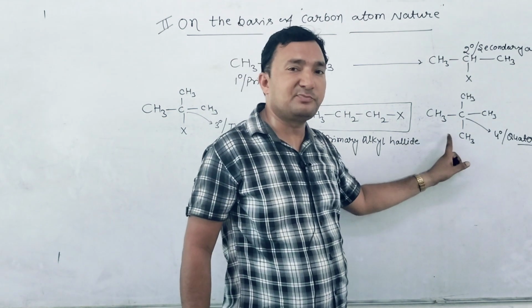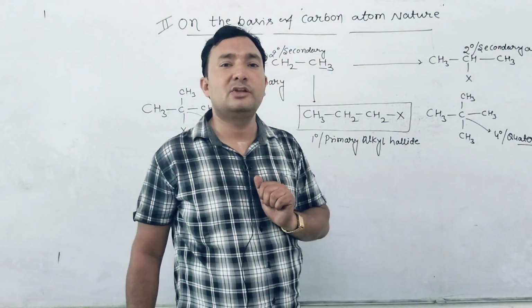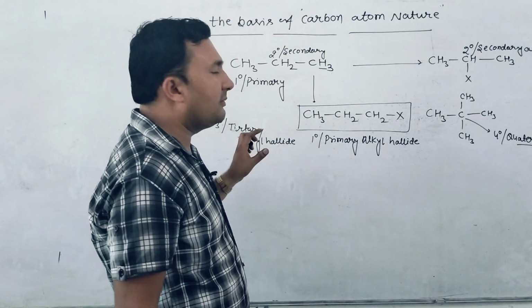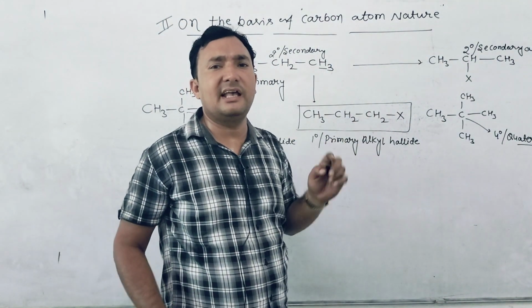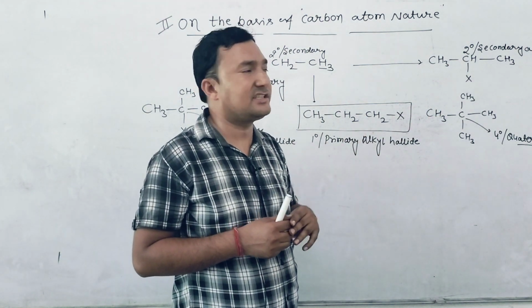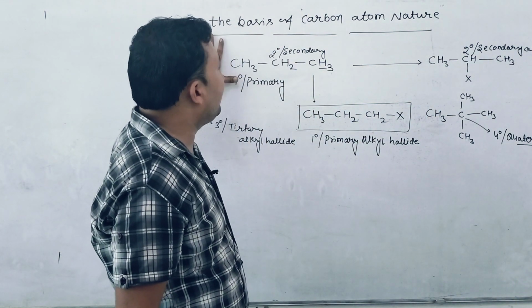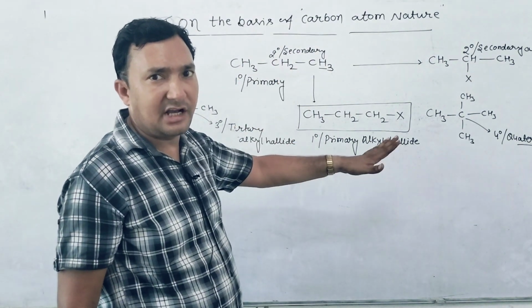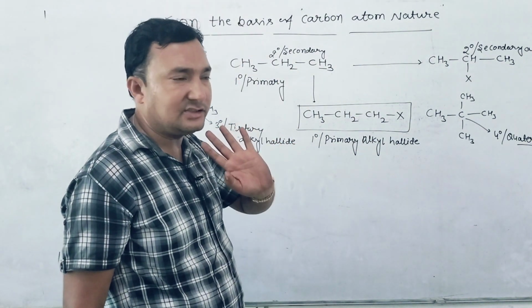But 4 degree carbon is possible, while 4 degree alkyl halide is not possible. These 1 degree, 2 degree, 3 degree will be used when we discuss the SN1 and SN2 mechanism, because that is going to be the important segment of this chapter. So on the basis of carbon atom, we have discussed primary, secondary, tertiary, and quaternary carbon. Quaternary alkyl halide is not possible.